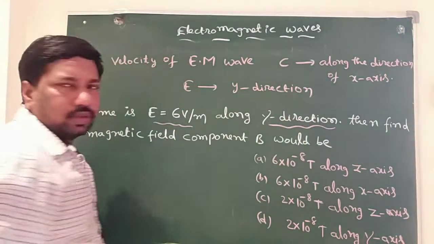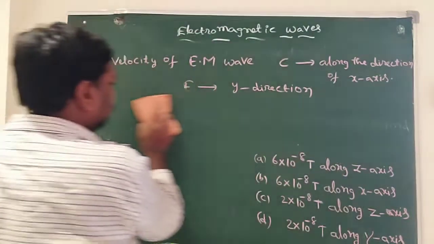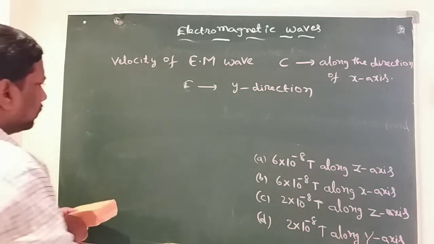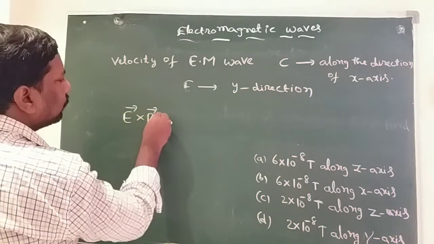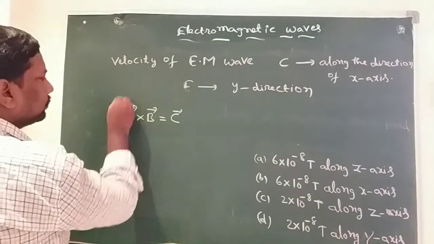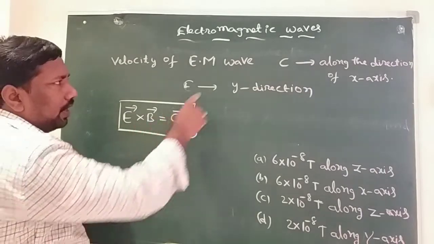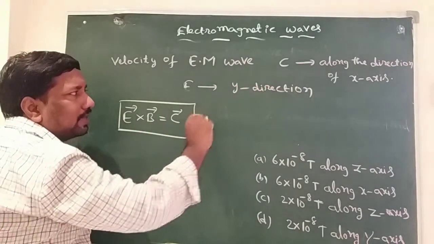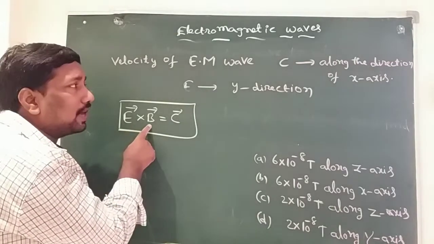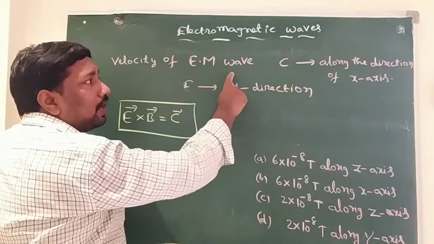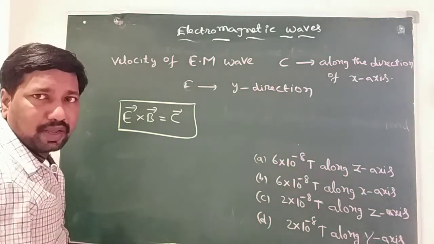You know that E bar cross B bar equals C bar. Here C bar is along the x axis and E bar is along the y axis, so B bar is perpendicular to the xy plane.